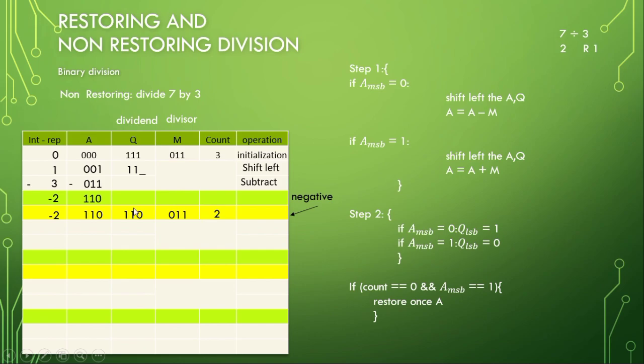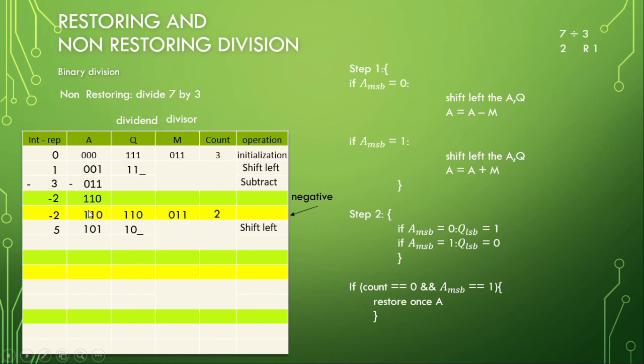And we're going to ask, is the count equal to the value we're looking for? If not, then we shift left as well. If the most significant bit here is 1, then you shift left the accumulator.